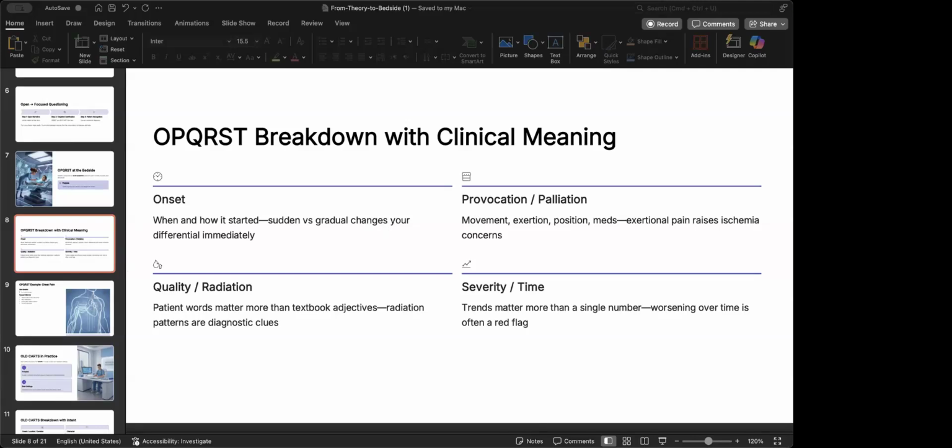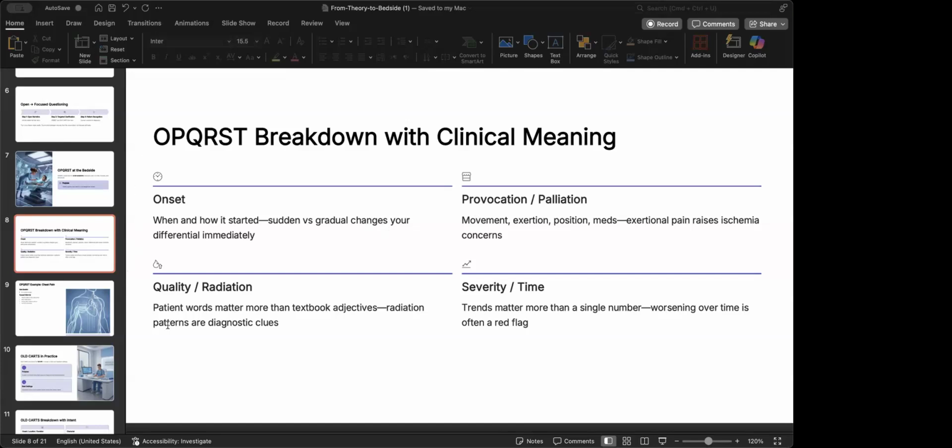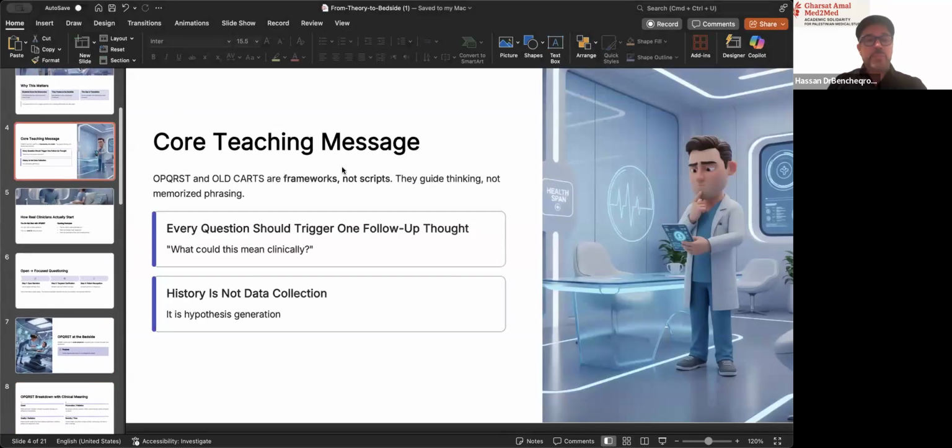So if you see the chat, I have been posting every single time we ask the question, what does it mean? And we did discuss that before by saying every question should trigger a thought.